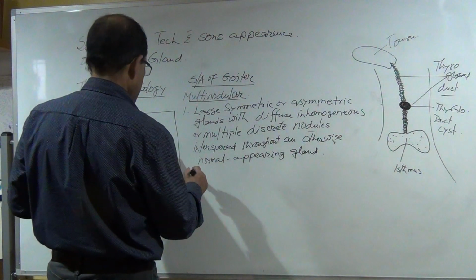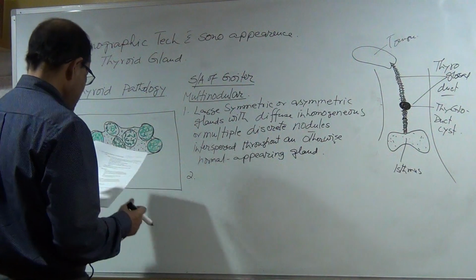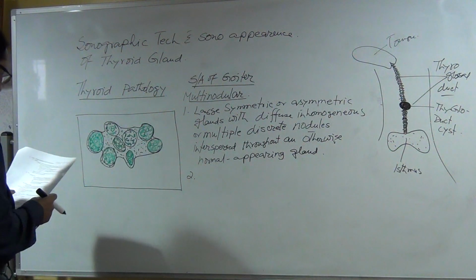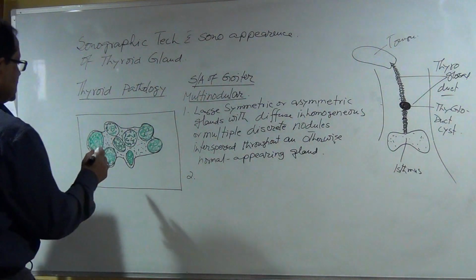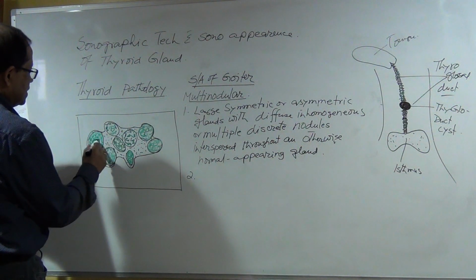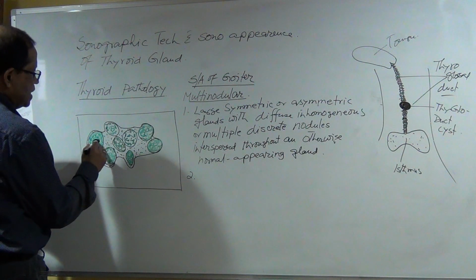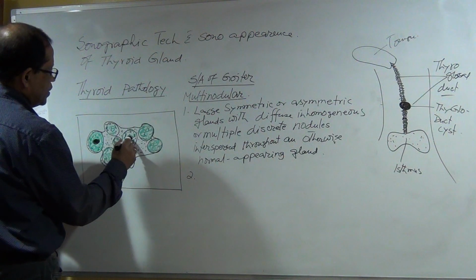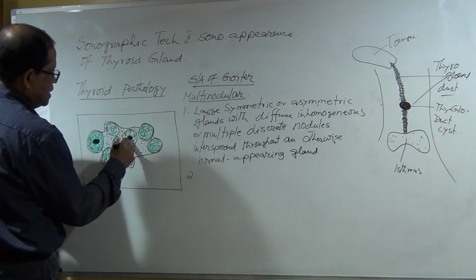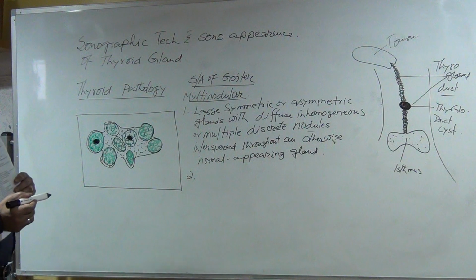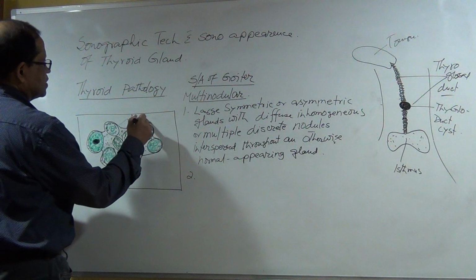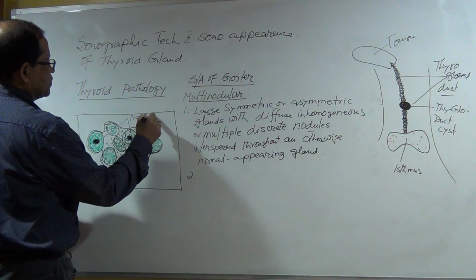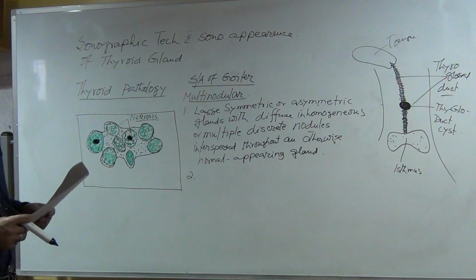And number 2, cystic area from focal necrosis and punctate calcifications are not unusual. If you see the cystic area, means anechoic area, it is usually due to necrosis. Necrosis means cellular death.